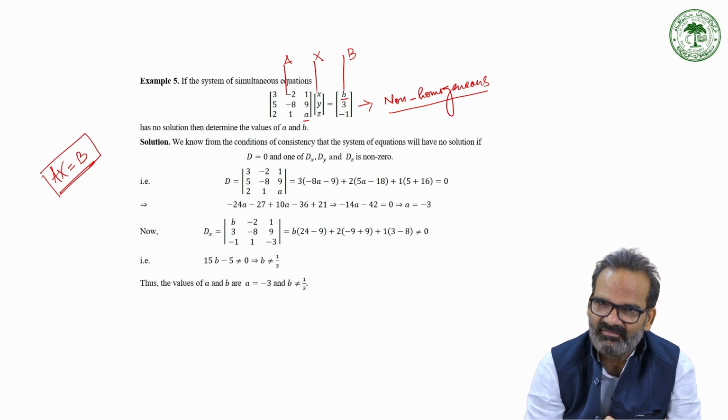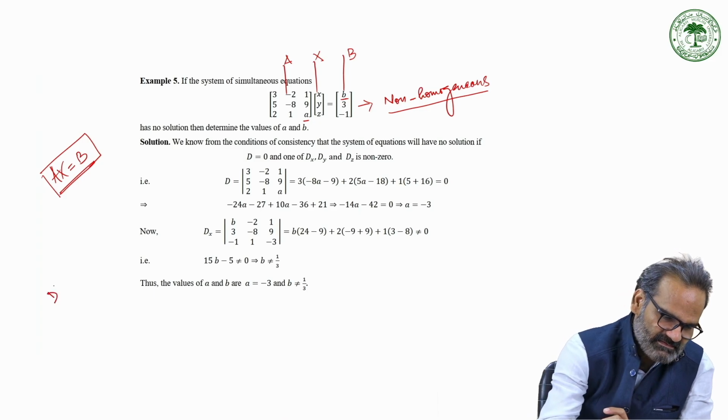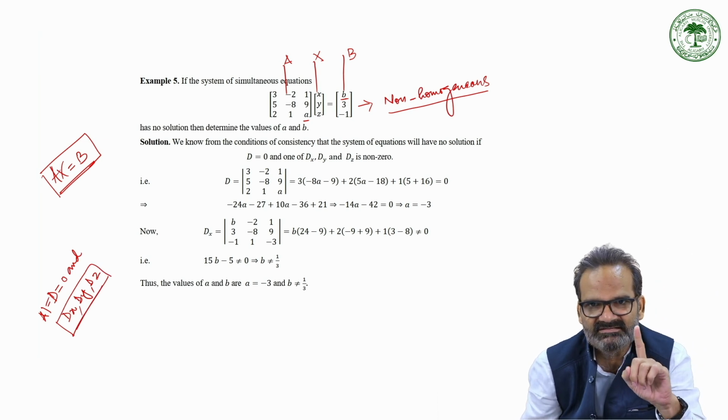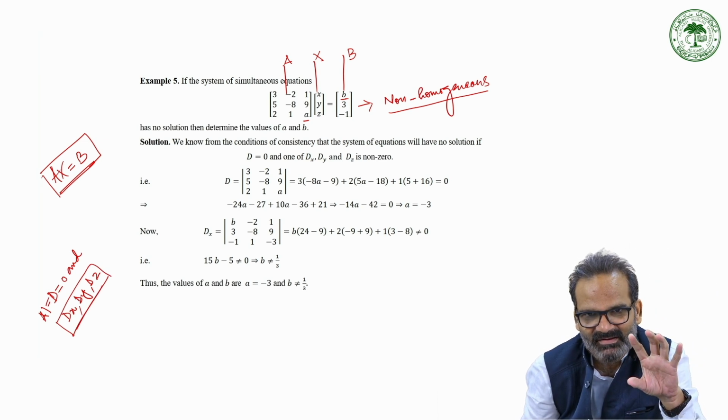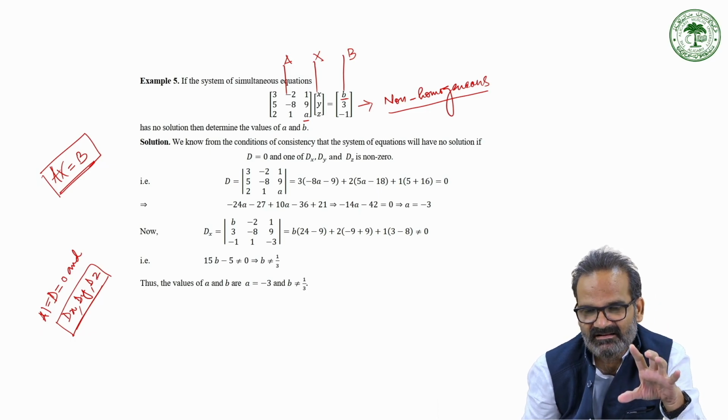Condition 3: if D, that is the determinant of the matrix A, is equal to 0 and among Dx, Dy and Dz any one of them is non-zero, then the system has no solution, meaning inconsistent.